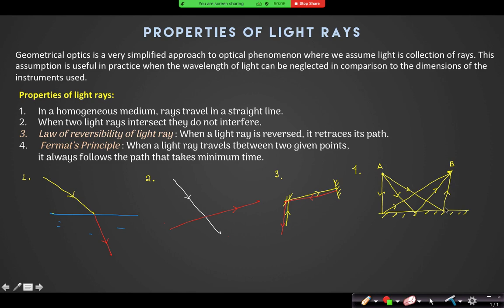You can prove Fermat's principle if you apply some other rules of light. Law of reflection you use, you can prove Fermat's principle. But we will do reverse. We will apply Fermat's principle and we will try to prove the law of reflection. Right? We will apply Fermat's principle and we will try to find the law of refraction.